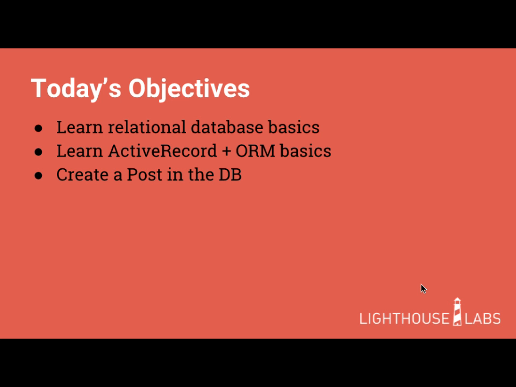So we're going to talk about relational databases. We'll talk about Active Record, which is what we call an object-relational mapper, and we will use this new knowledge to organize our posts, our Finstagram posts. I'm going to use my cache model for the demo.